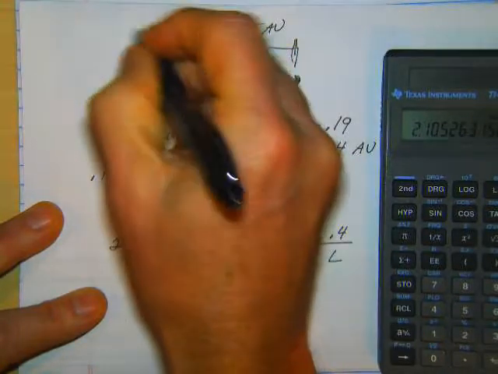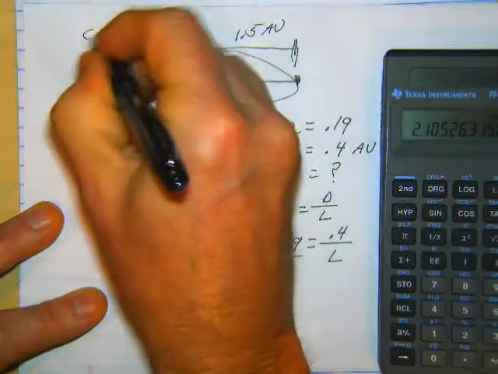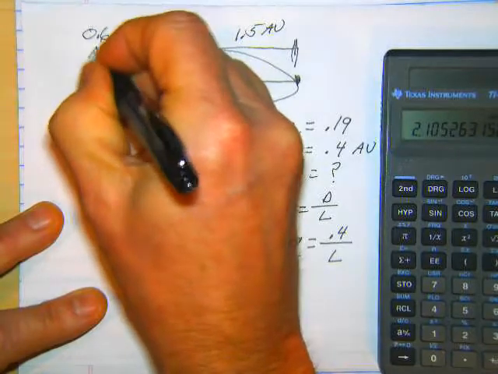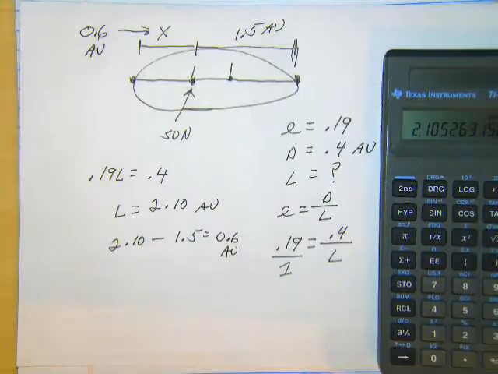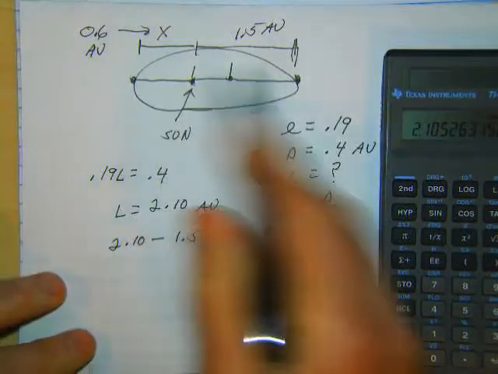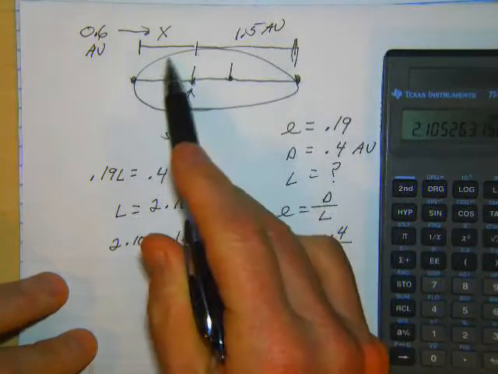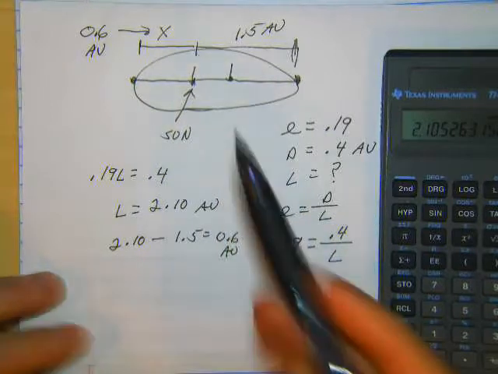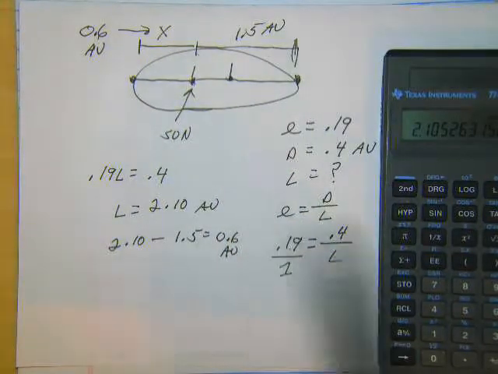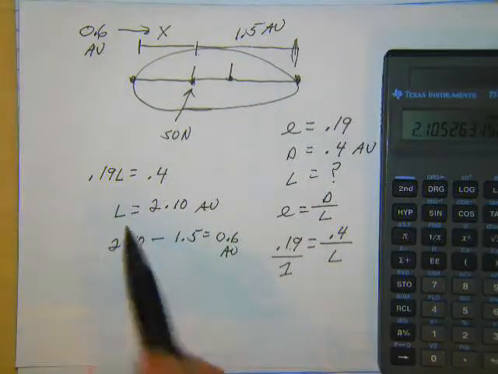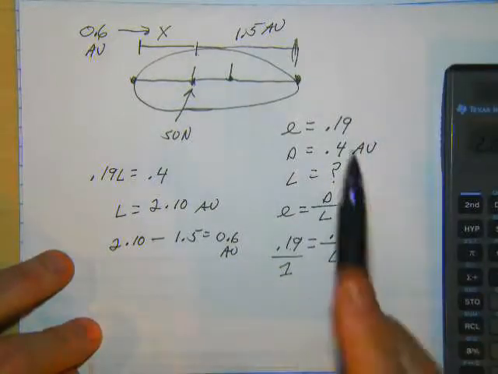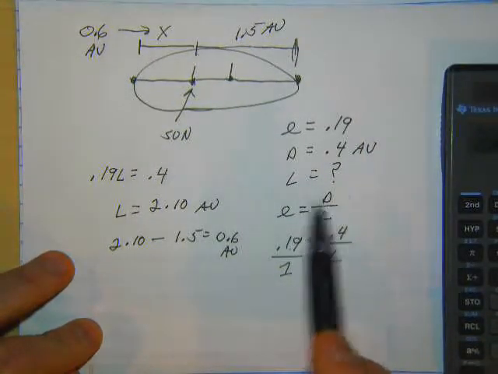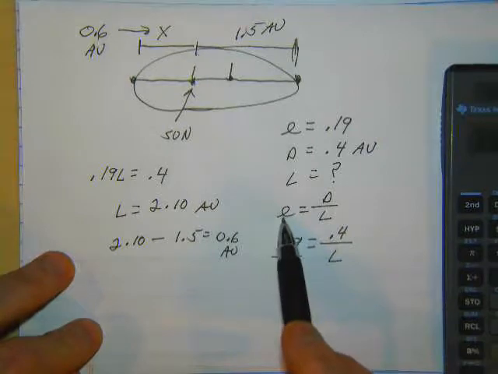So this distance would be 0.6 AU. So once you have the length, if you wanted to find this distance, just like we did on problem number 8, you can go either way. But you've got to calculate the length, so you have to be given the distance between the foci, and you have to have the eccentricity.